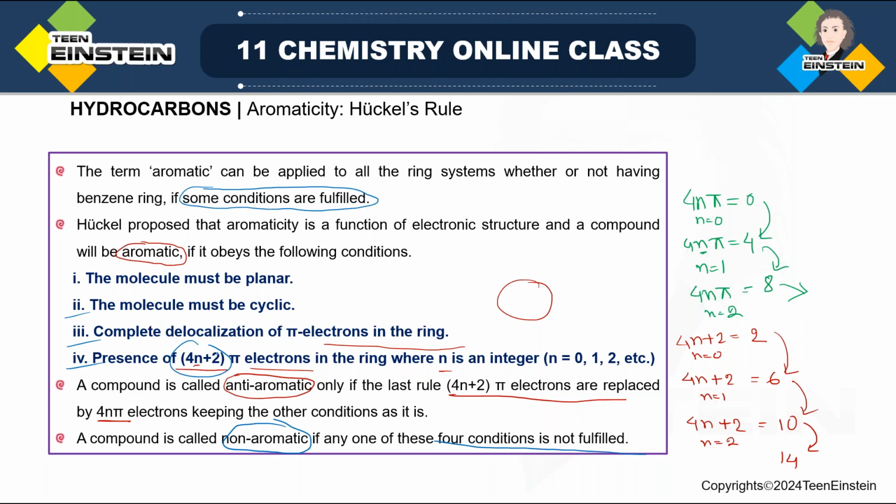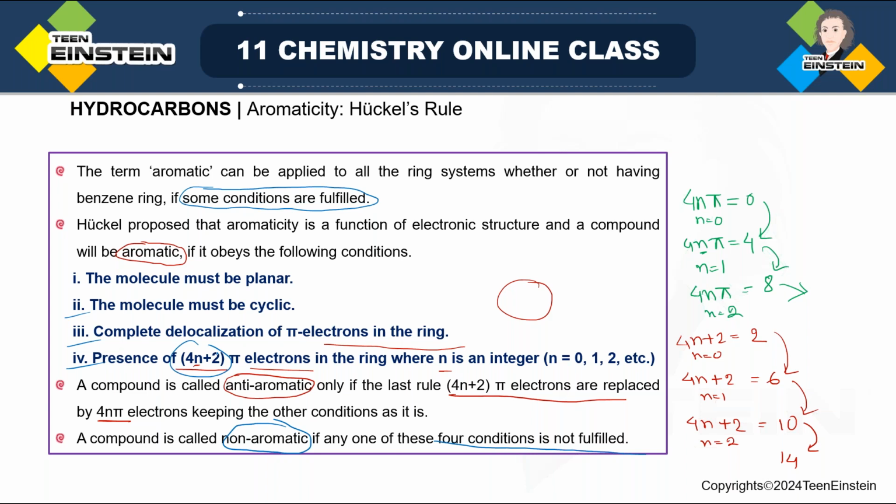That is, the planarity condition is not maintained. Suppose the rest of the things are okay: it is cyclic, there is full conjugation, there is 4n plus 2 electrons or 4n pi electrons, but the first point is not maintained. I'm not saying it is always the first point, but mostly it is observed that the first point is not maintained, and ultimately we have to call it non-aromatic because the planarity condition must be present.